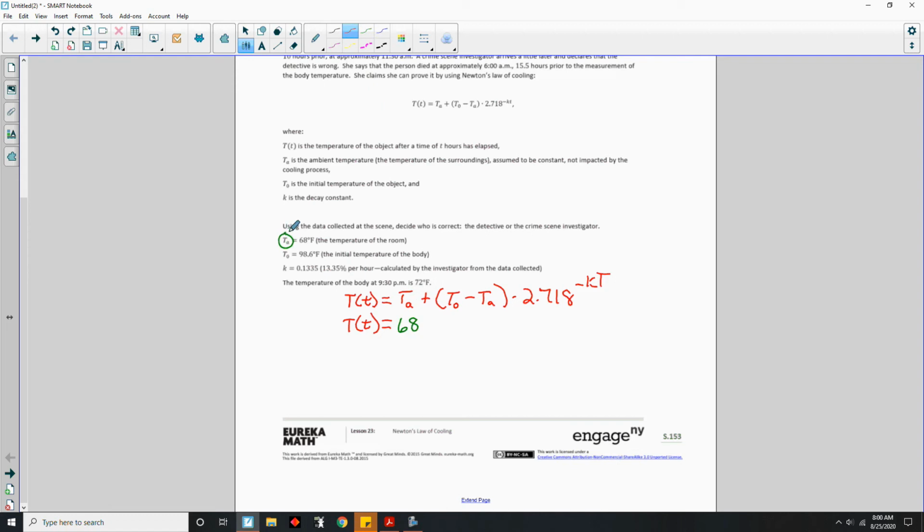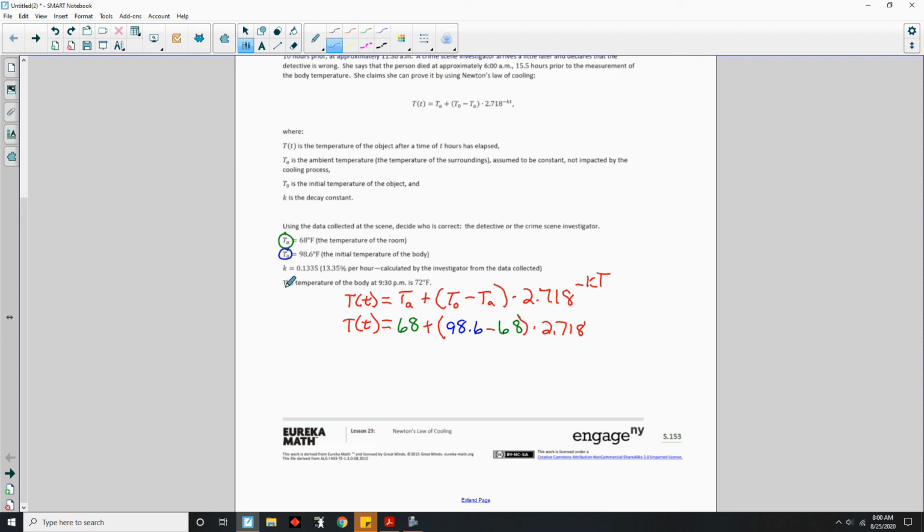T sub a, 68, plus T sub 0, we'll use blue. T sub 0 is 98.6 degrees, minus our T sub a, which is 68, times 2.718 to the negative kt.